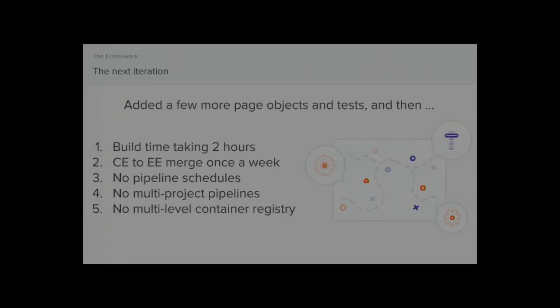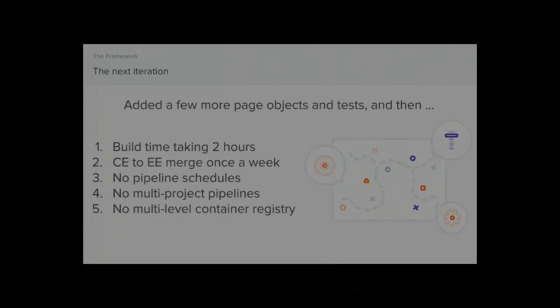So we thought that maybe we can run tests against nightly builds in nightly pipelines, but a feature like pipeline schedules was missing. Also other features that we could use, like multi-project pipelines or multi-level container registry images, were missing. But we were lucky again because we could build features that we needed to test GitLab. So we started building features.